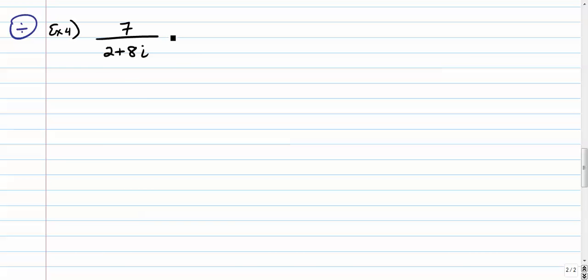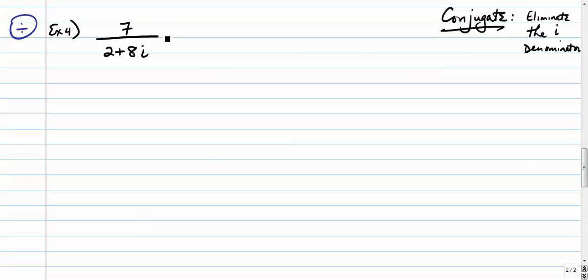But for this, what you want to do is think about a new word here. Think about what this means, a conjugate. The goal of a conjugate is to eliminate the imaginary number in the denominator.